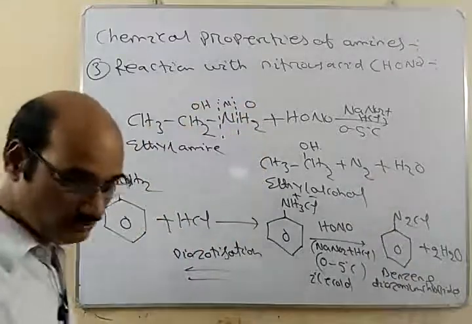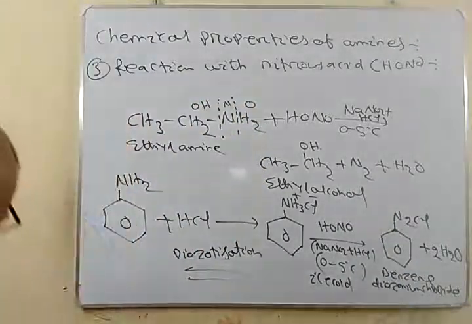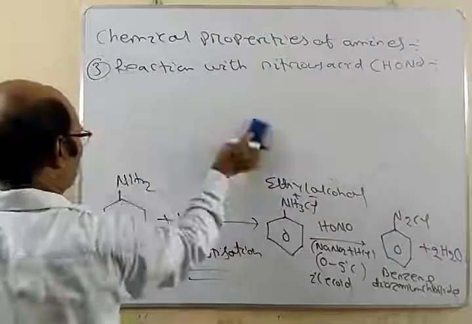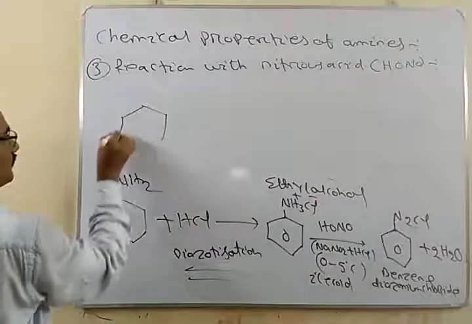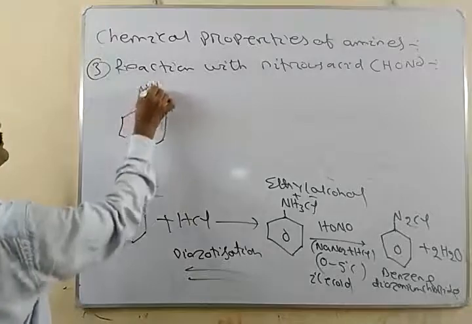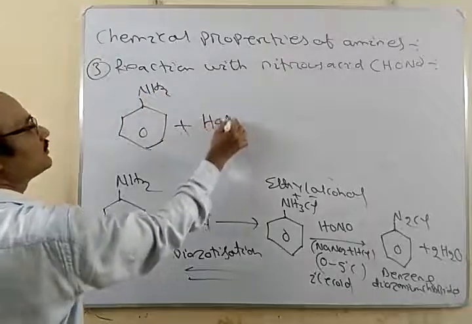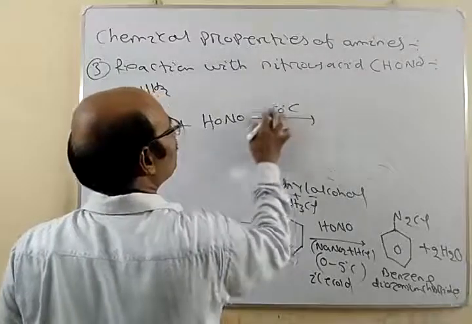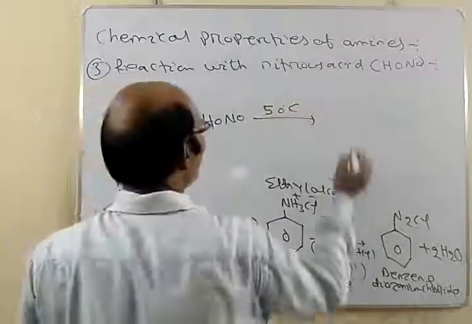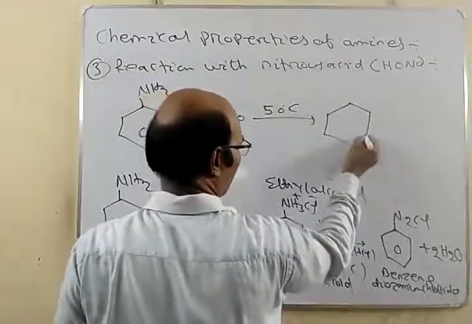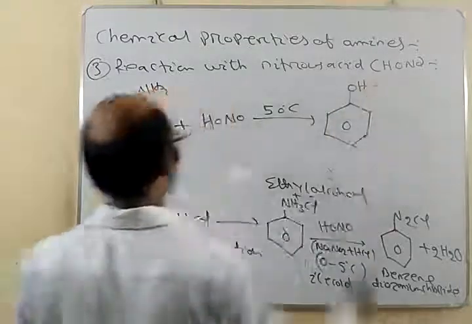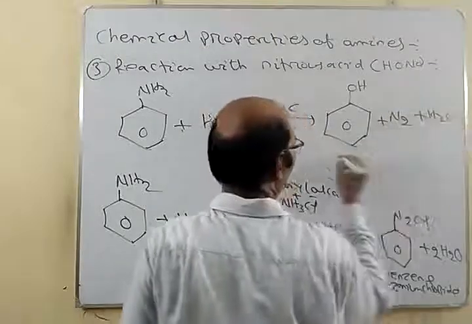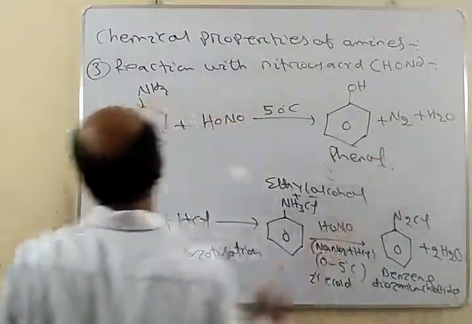So aniline plus HONO, nitrous acid, at 50 degrees centigrade gives C6H5OH plus N2 plus H2O, phenol.